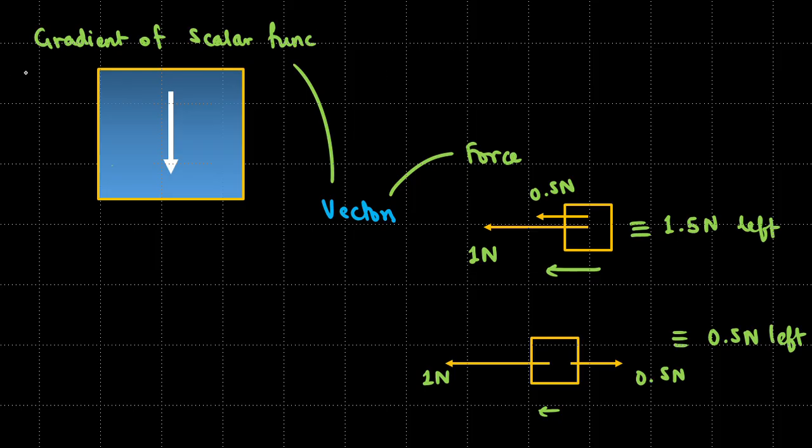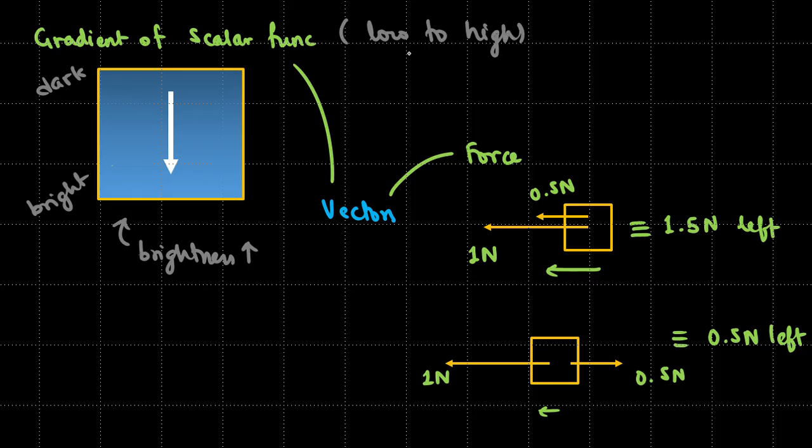In this case, it's from dark to bright, since the brightness increases. So gradient of a scalar function always goes from low to high. That's the direction. So we have a direction for a gradient of scalar function.